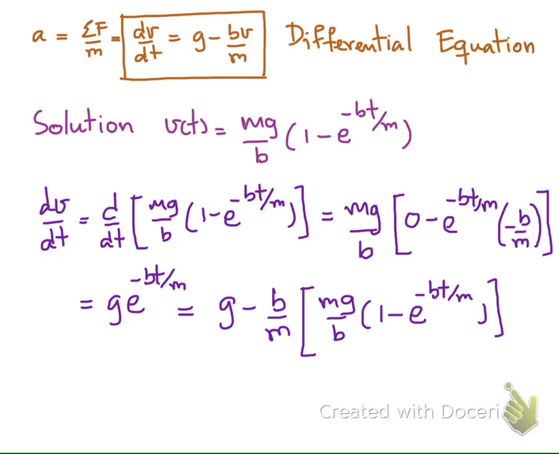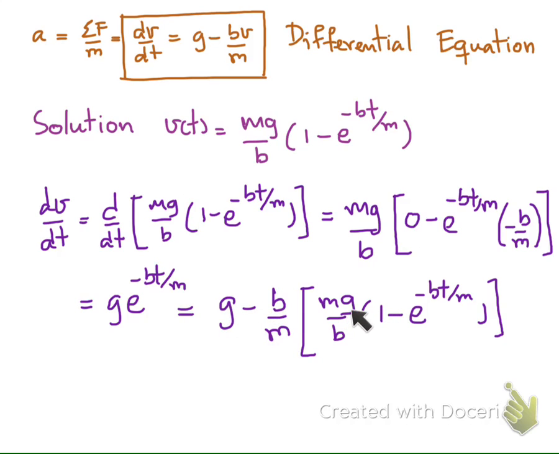You can see that if I multiply this b over m to this term, this b and b will cancel, this m and m will cancel, and we have only g left, and this g multiplied by this term will cancel with this g.